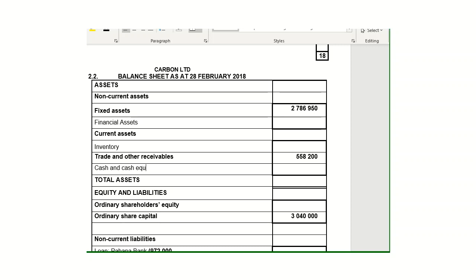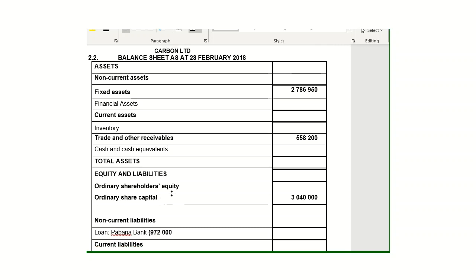Good. They've got total assets, equity and liabilities, and the equity accounts, which is my shareholders' equity, which consists of ordinary share capital and retained income. Under non-current liabilities, we've got the loan.